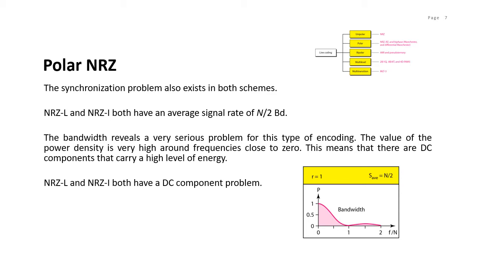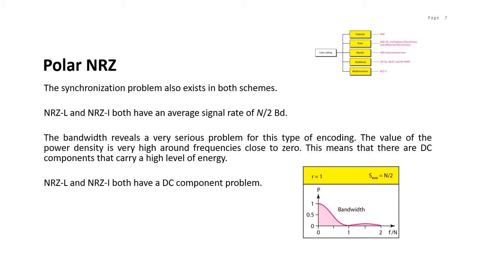For NRZ, both schemes have an average signal rate of N/2 baud, and let's discuss the bandwidth. You can have a look at this figure down here. It shows the normalized bandwidth for both variations. The vertical axis shows the power density, meaning the power for each 1 hertz of bandwidth, and the horizontal axis shows the frequency. The bandwidth shows a very serious problem for this kind of encoding.